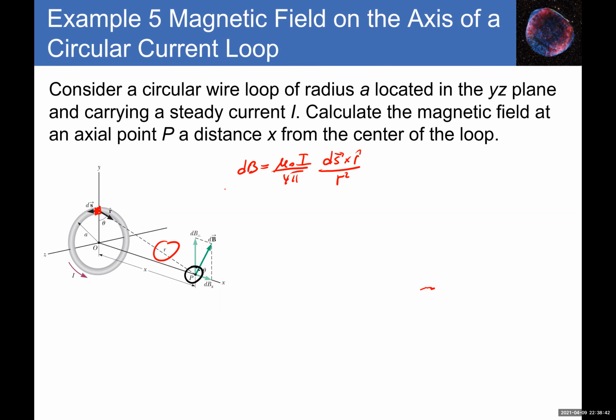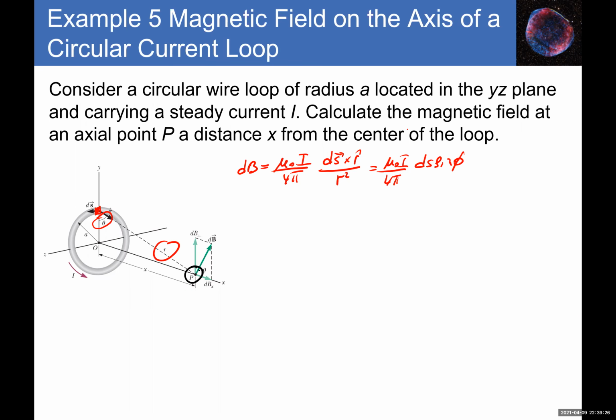Now from here, we choose theta to be the angle that r hat makes with the y-axis. Looking at this equation for the Biot-Savart law, this becomes mu naught I over 4 pi times the magnitude of the first vector times the magnitude of the second vector, which is just 1, times sine of phi.